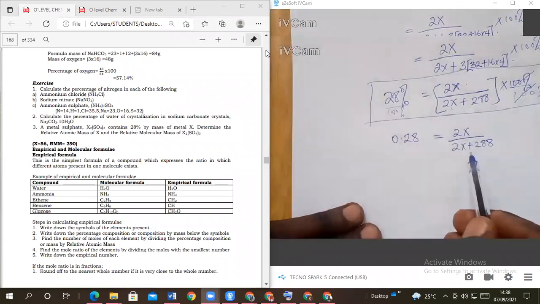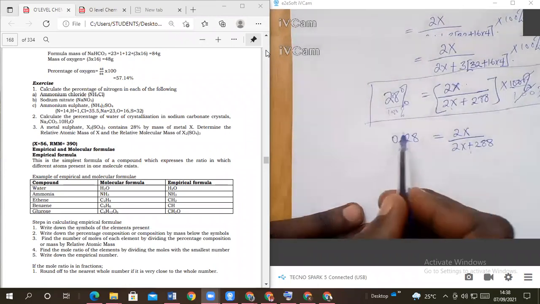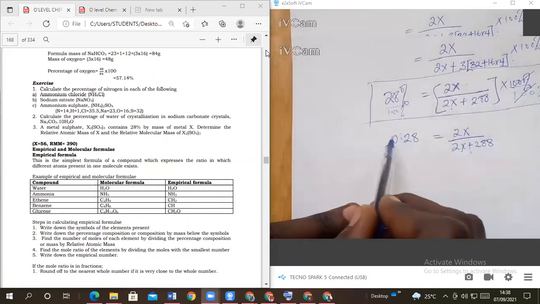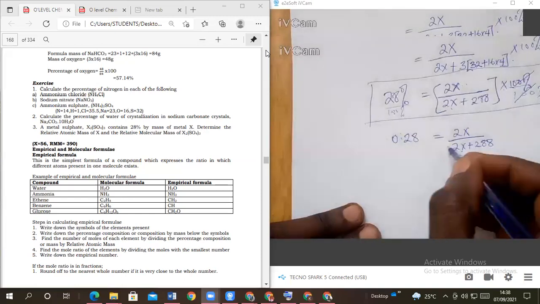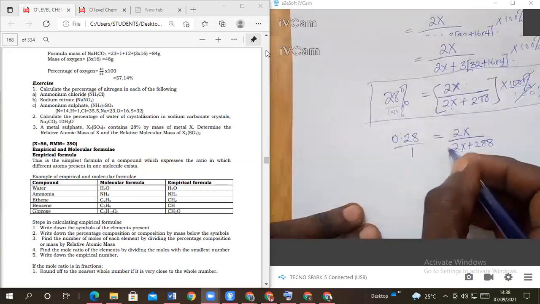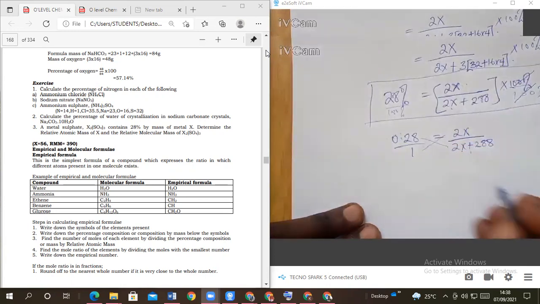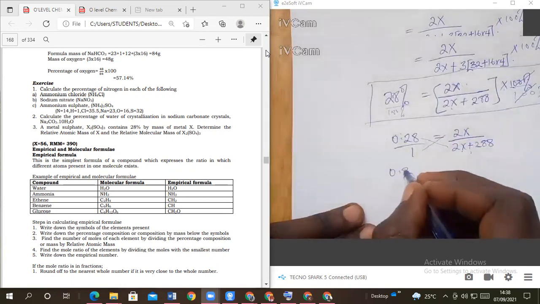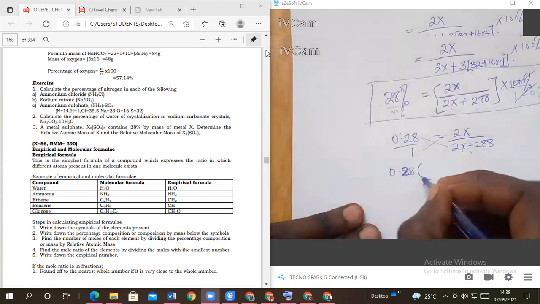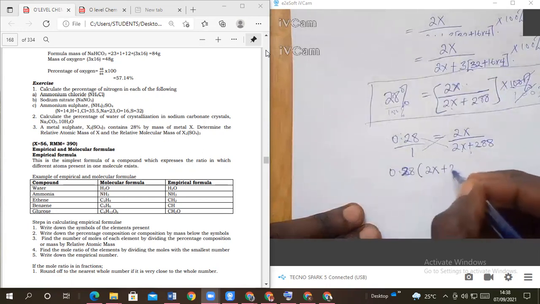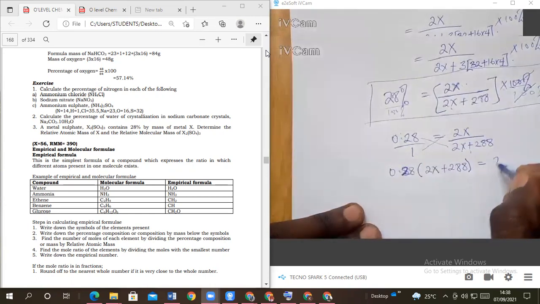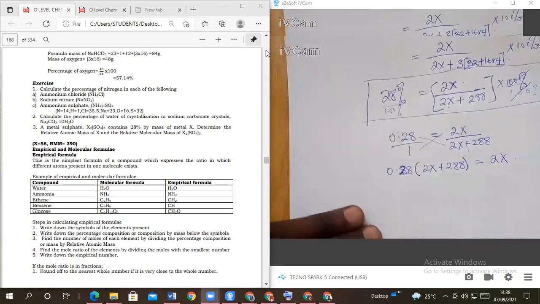Now, what do you do to remove this one? To put the x's, you bring the x up and then take this one down. Okay, let's cross multiply. Take this one there, this one that side. You shall have 0.28 into 2x plus 288, which is the same as 2x, isn't it? This is mathematics in chemistry. Okay?